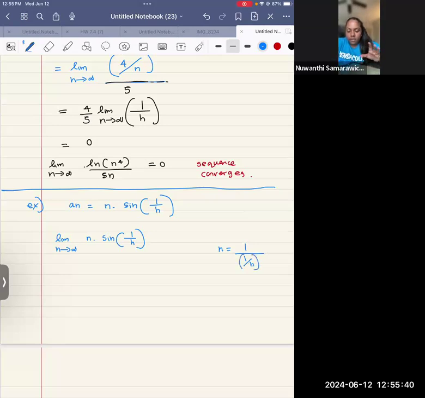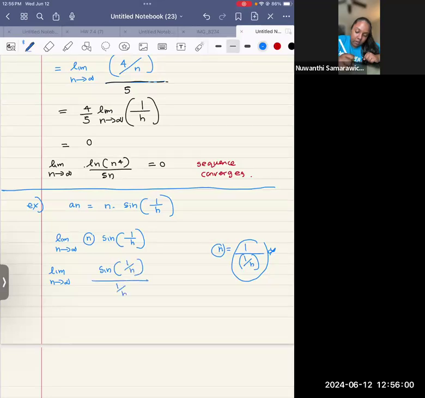So n is equal to 1 over 1 over n, right? It's the same thing. I represent n in this way. So if we represent it in this way, we can write, instead of this n, sine of 1 over n, over 1 over n. Because it's the same thing. I represent n in terms of this term.